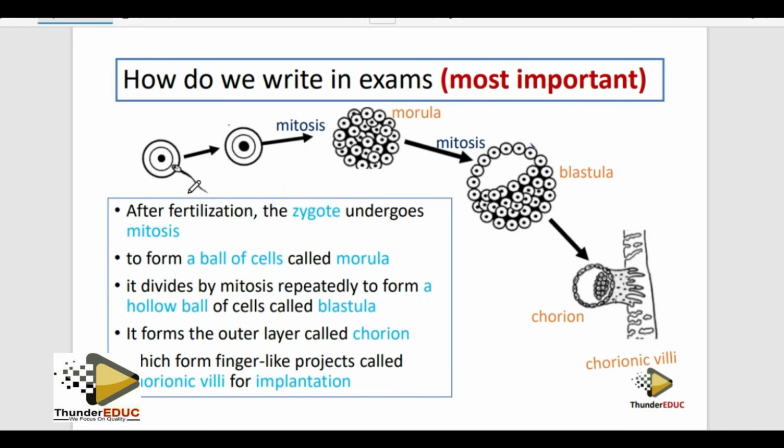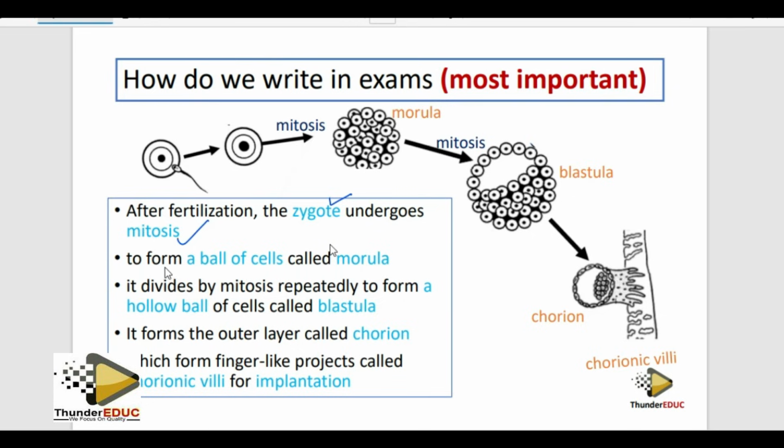Just saying zygote, you do not earn a mark, because they already mentioned the zygote. If they said describe what happens when the sperm fuses with the ovum until implantation, then mentioning a zygote would give you a mark. So you're going to start with the zygote. The zygote undergoes mitosis. That's the first mark.